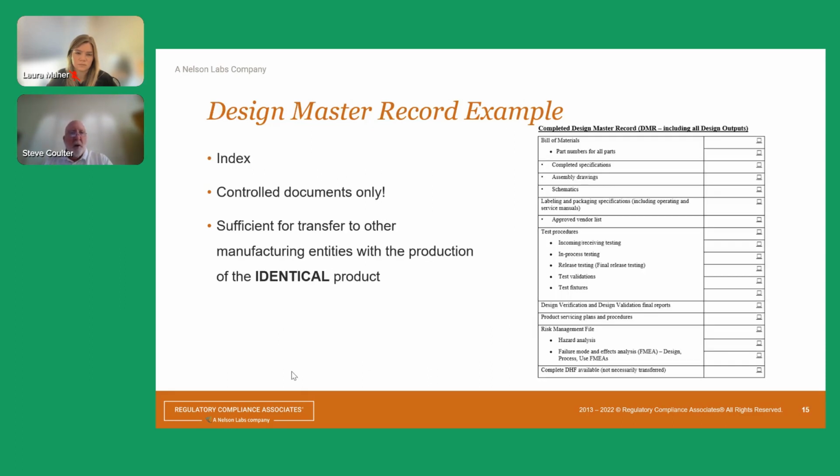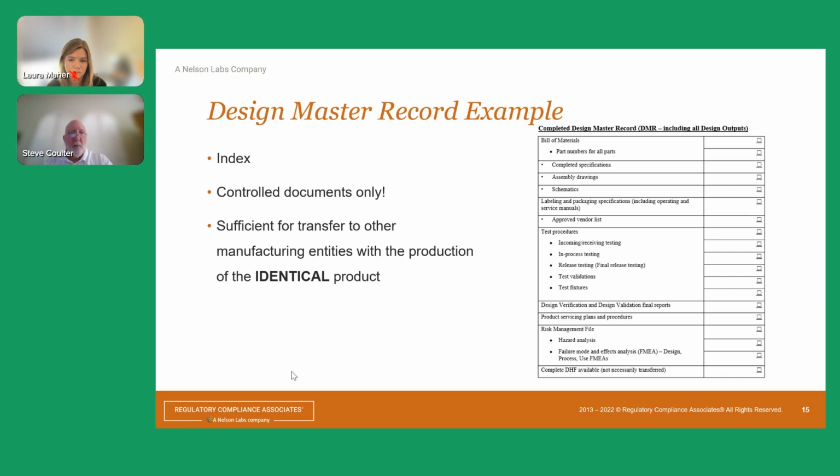The DMR, that should be device master record. Again, like I said, it's an index. You use only controlled documents. Everything is in there. If you start going through your checklist and you go, ooh, this one's just an R&D justification.